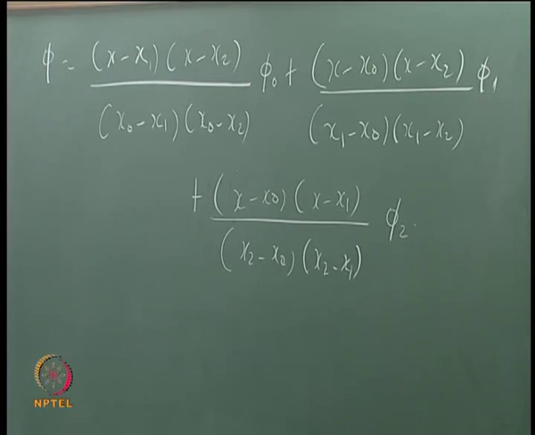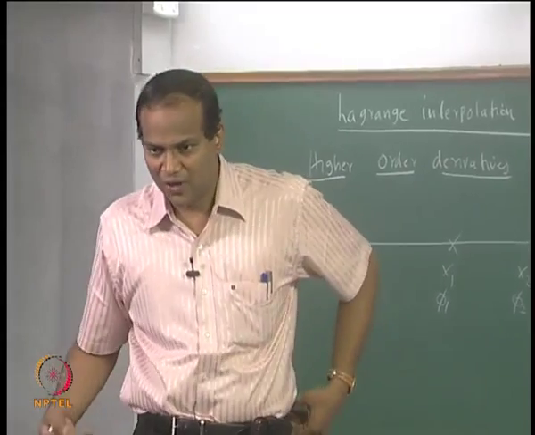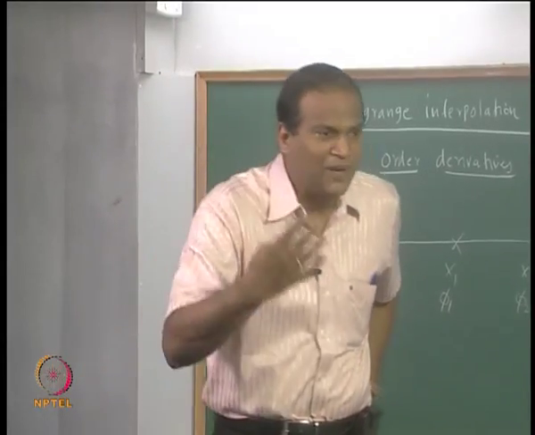So the beauty of this is that at exactly x0, x1 and x2 this will be exactly satisfied, there will be no error, but it does not mean that at all intermediate points it will satisfy, because using 3 points we are approximating it by a quadratic.